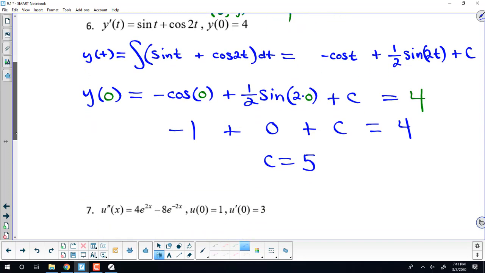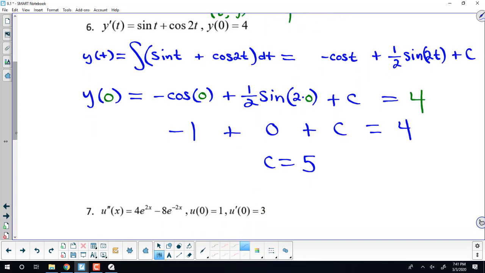So then we just put that back in for our C, and that's our specific solution. So our actual solution, y of t, is negative cosine t plus 1/2 sine of 2t plus 5.